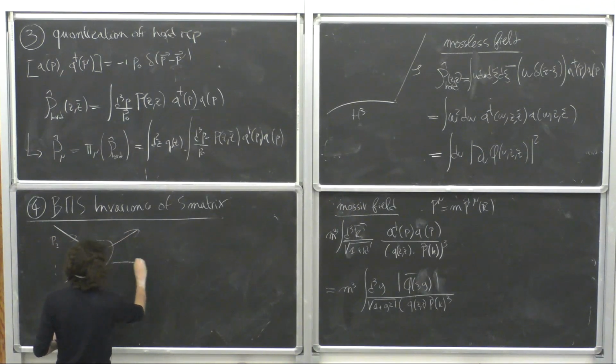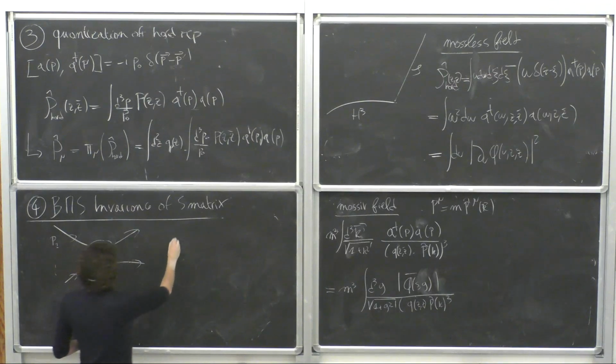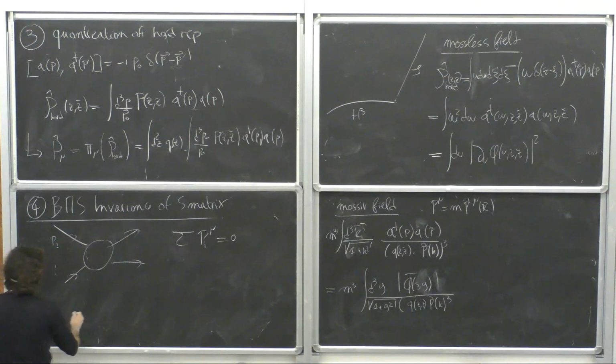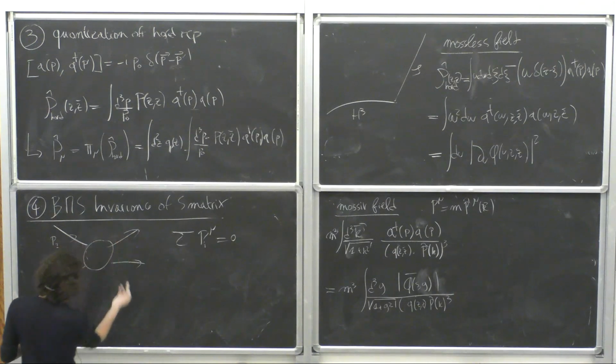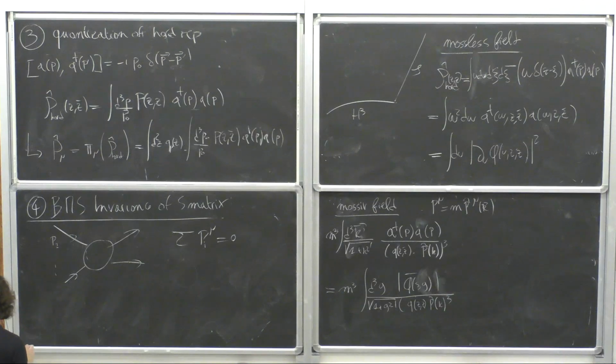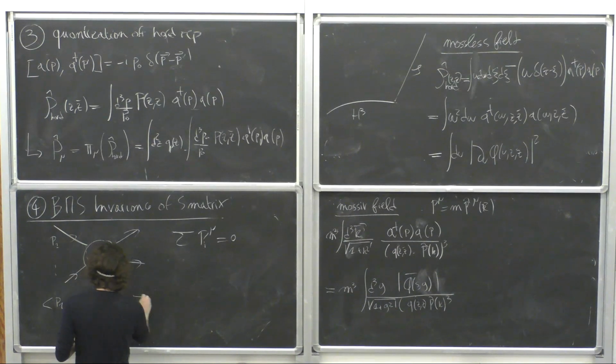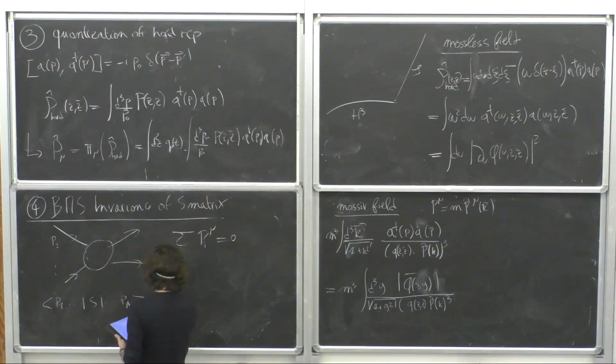Something happens, then it gets out. Momentum is conserved. But these are hard states. They are usual particles. So we want to consider P1 and so on, S of Pn, which is just insertion of these hard states.